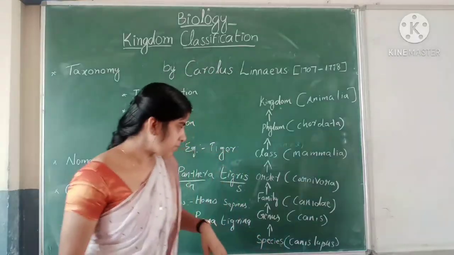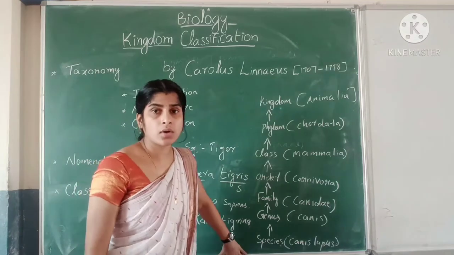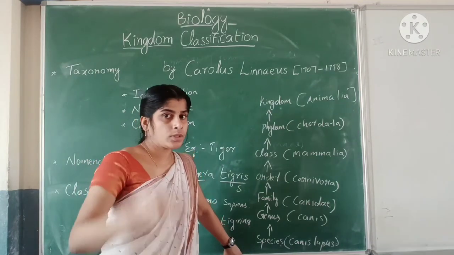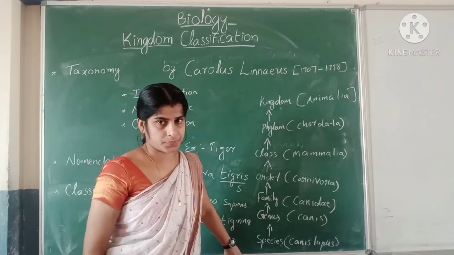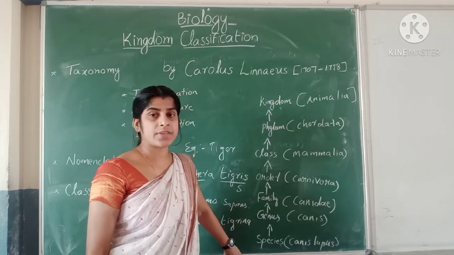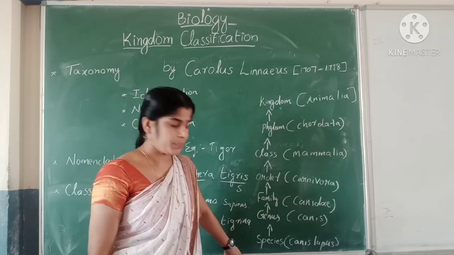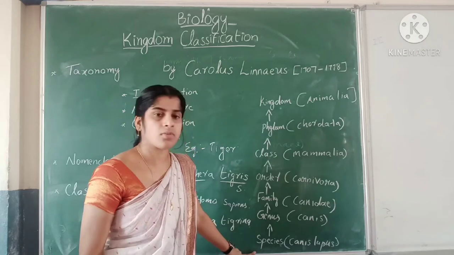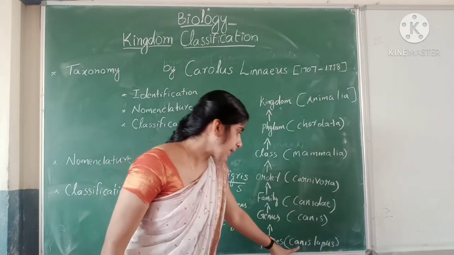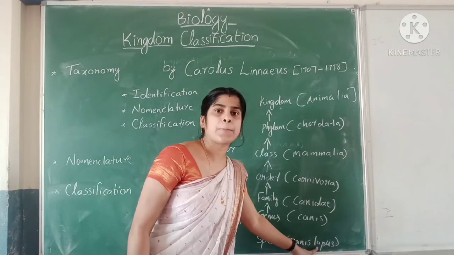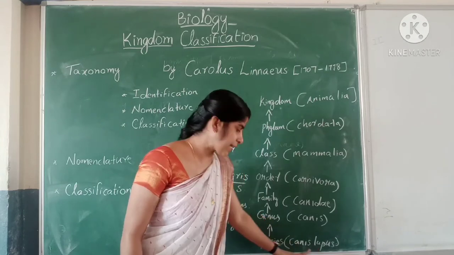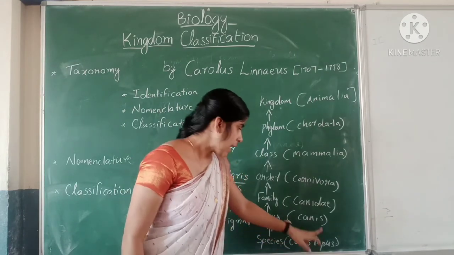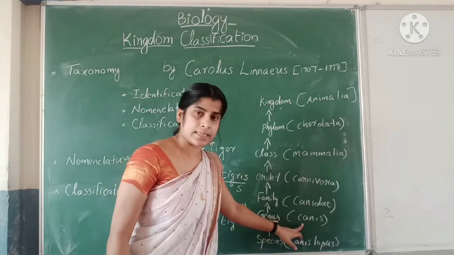For example, see the levels of classification of our dog. What is the species name of dog? That is Canis lupus, the species name of dog. And genus, that is Canis.